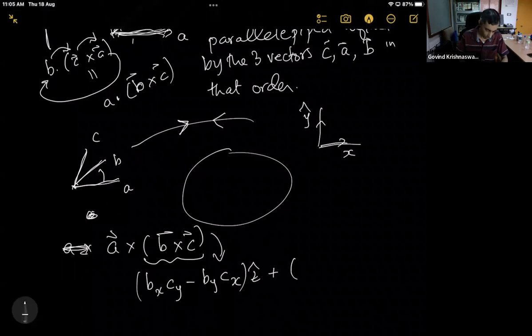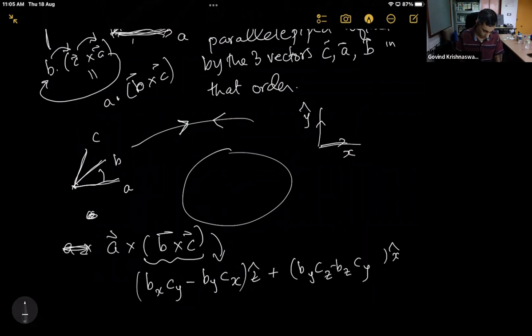You can certainly use it from the previous problem. Let me write the remaining two coefficients. There's the X part, which would be BY CZ minus BZ CY. And then finally, there's the Y part, which is BZ CX minus BX CZ.